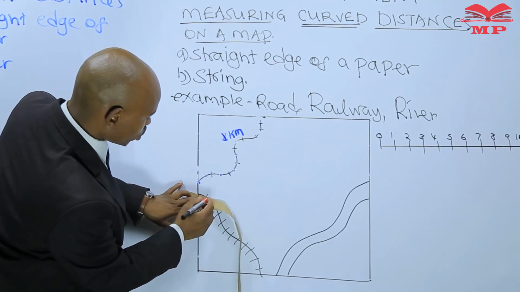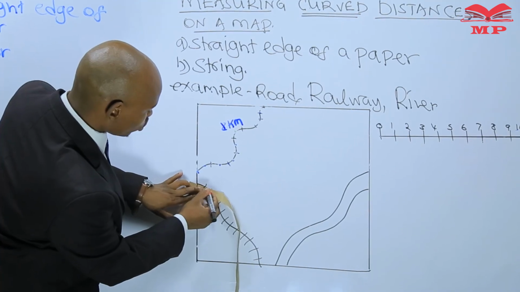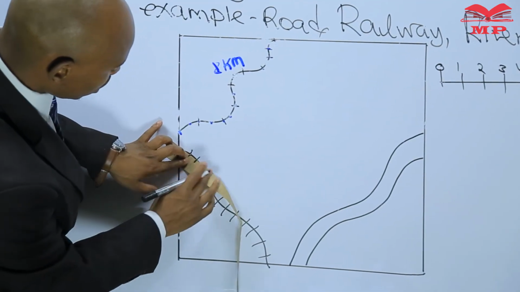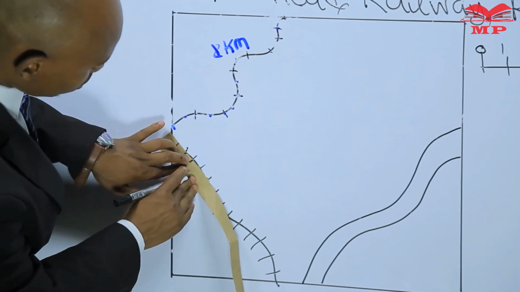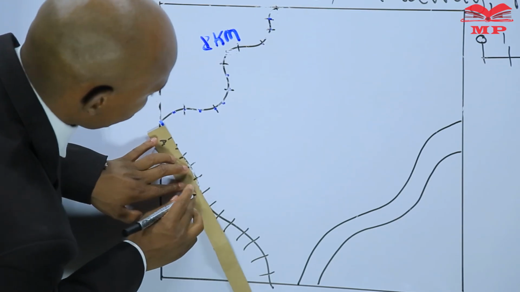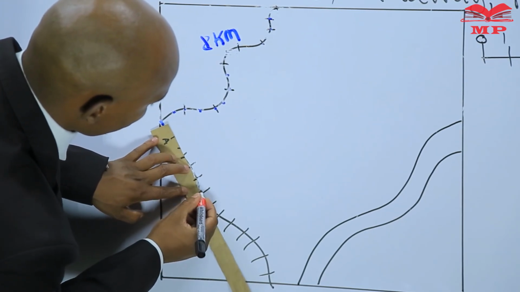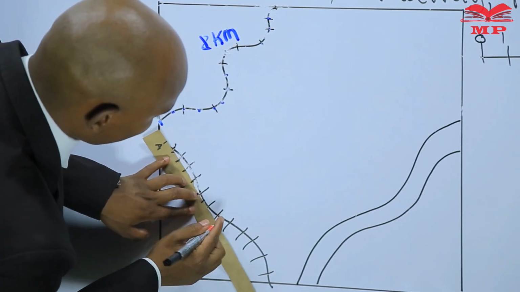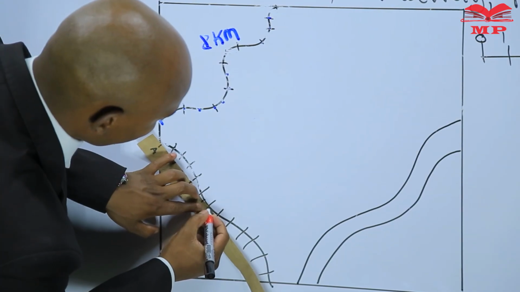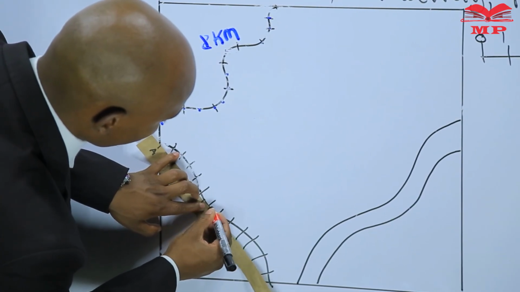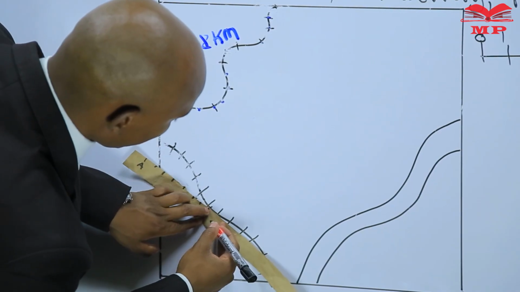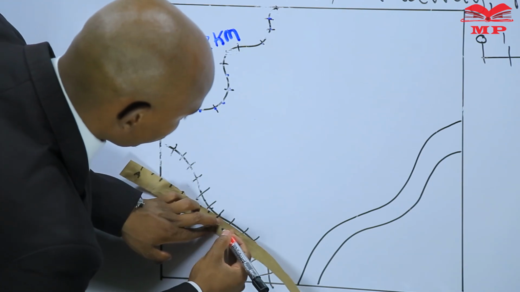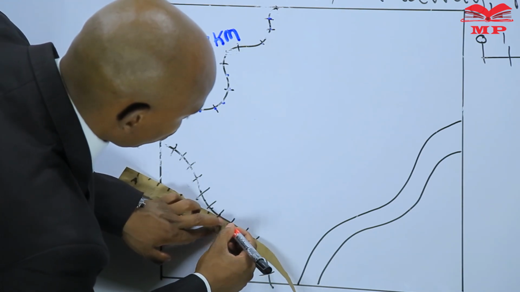Then mine is to meander firmly and accurately. I move slowly, making sure that I am meandering with the curved railway. It curves, you also curve your paper and mark. If it curves again, you curve your paper firmly and make sure that you are directed by the markings that you are making on the paper so that you don't repeat any section of that railway.